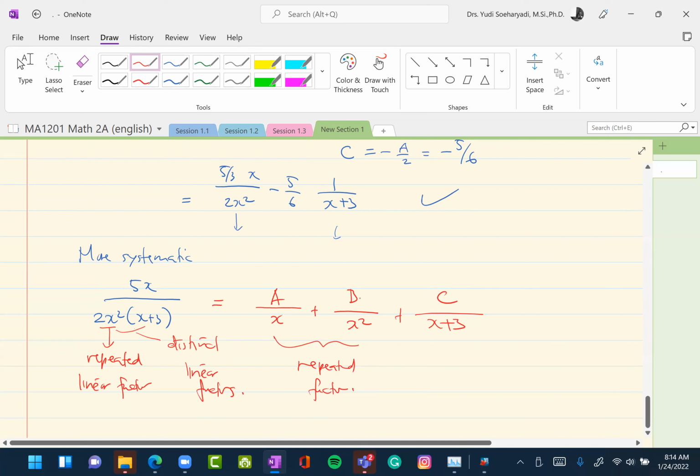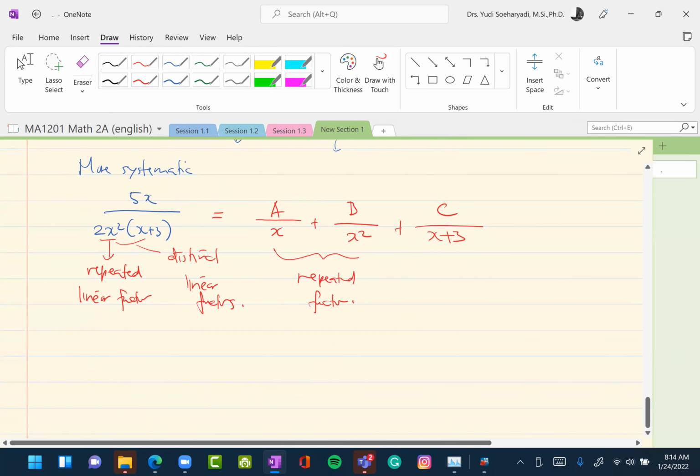Now, we don't need to put bx plus c here or bx plus d, because otherwise you have four parameters. The number of parameters should match. You have three and you have three also. Okay, so this is the easier one. Not easier, I would say, but it's more systematic how you deal with the repeated factors, how you deal with the distinct factors.